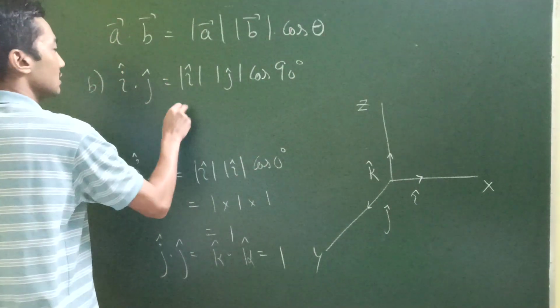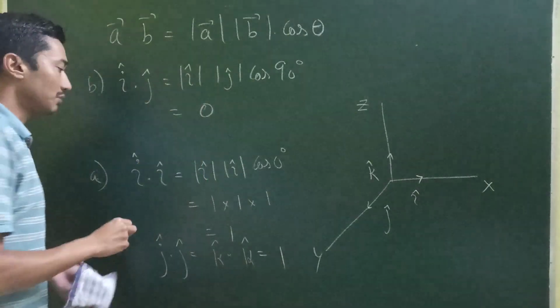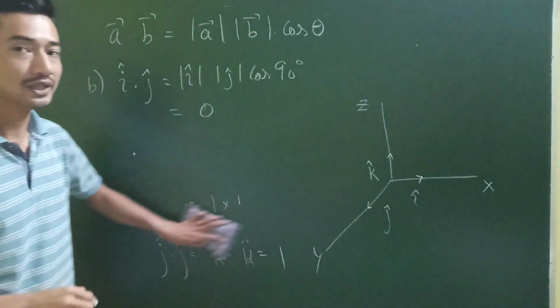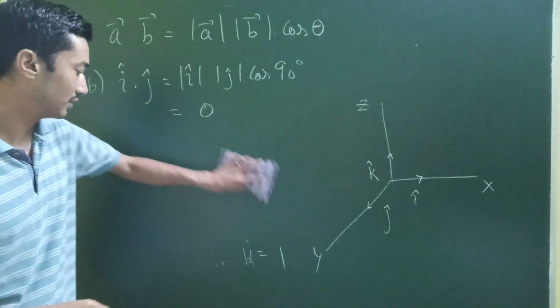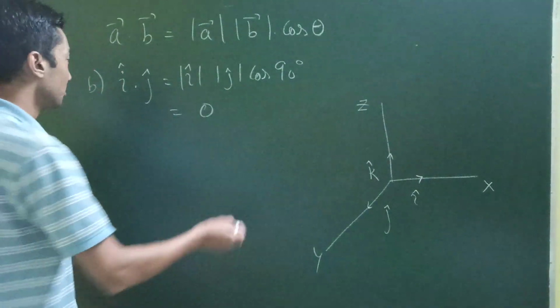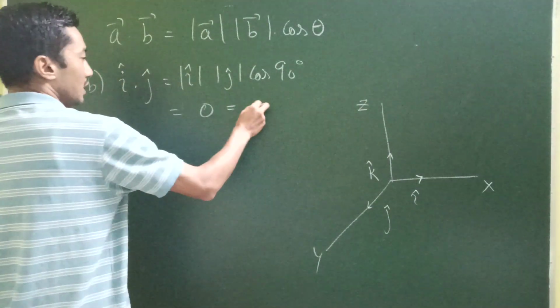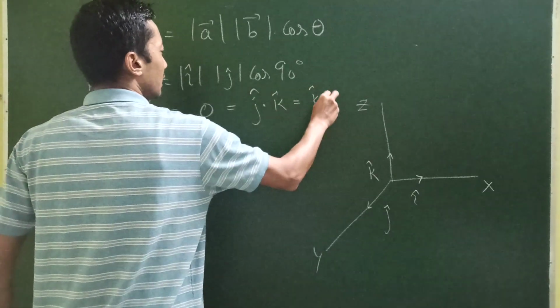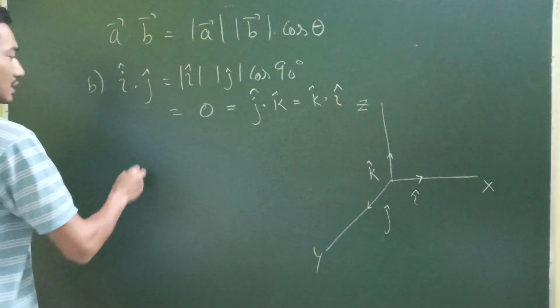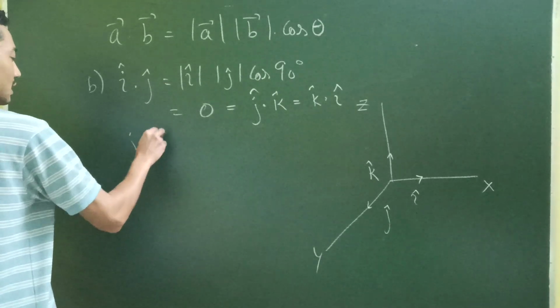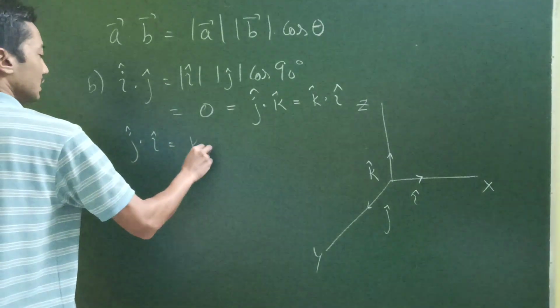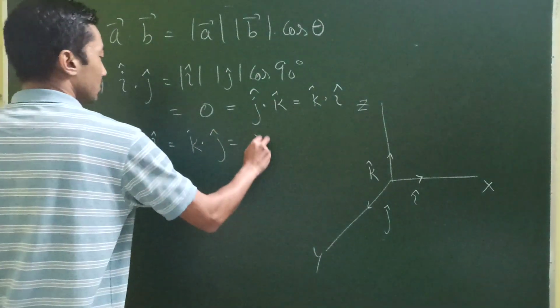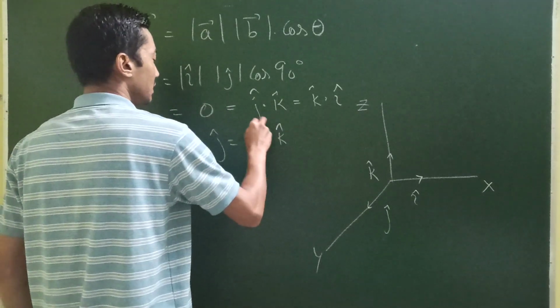So it is going to be how much? 0. Similarly, I dot j, j dot k, k dot I will all be 0, or j dot I will be 0, k dot j will be 0, I dot k also will be 0.